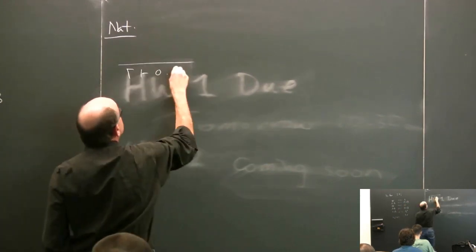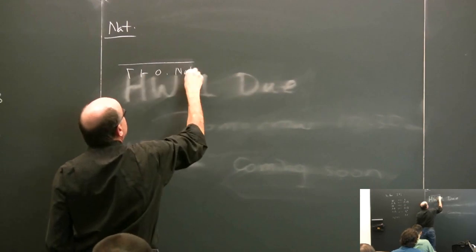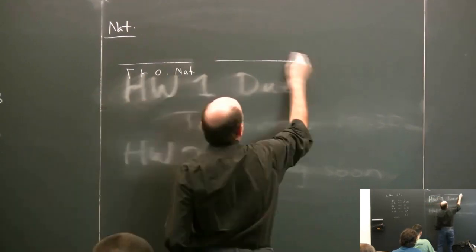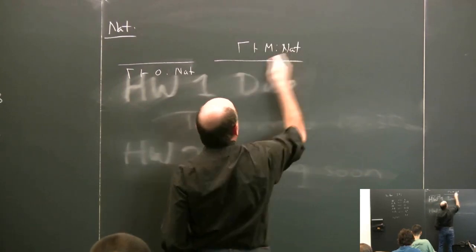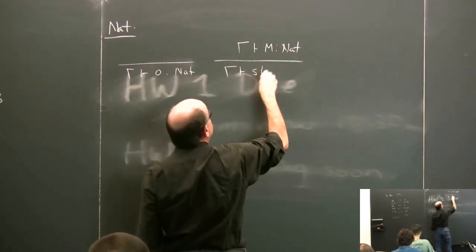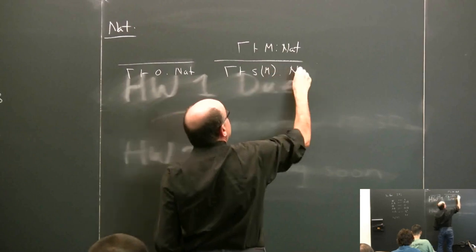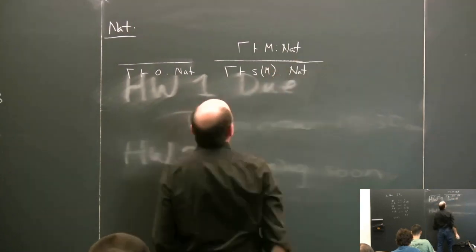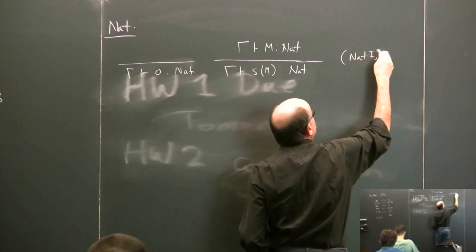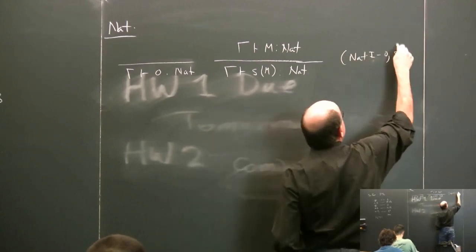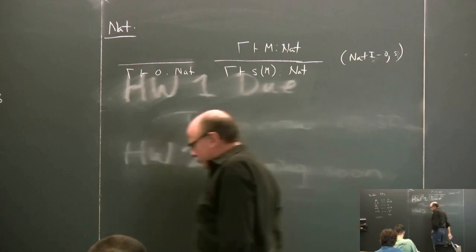So 0 is going to be a nat, and we always do these things in unary because it stresses the inductive structure. So successor of this, and that. We can write it like that. These can be thought of as the nat introduction rules, 0 and successor. So there are two rules there.